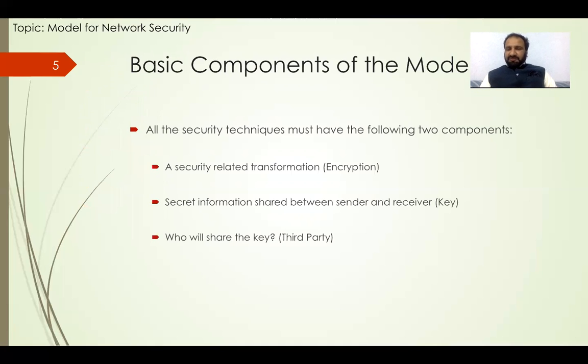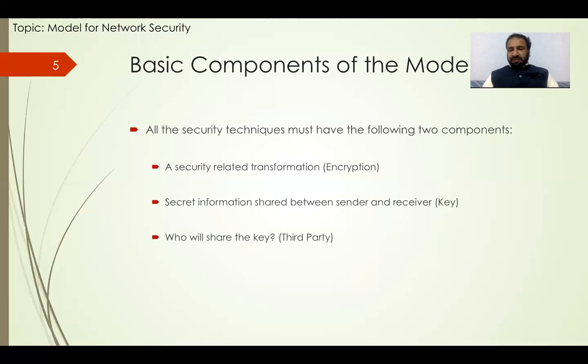Basic components of a security model: like all security techniques, must have the following two components. In order to design a secure model, you must have these two components. A security related transformation means that encryption will be required. You have an algorithm which will be converting your plain text into ciphertext, and we know that this process is called encryption.